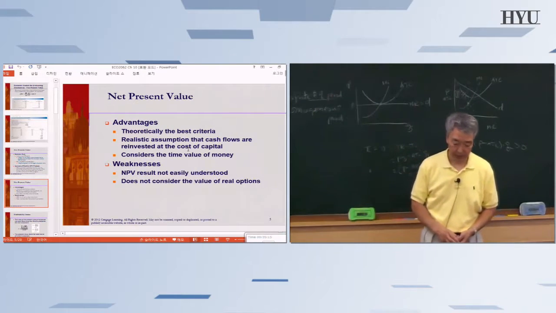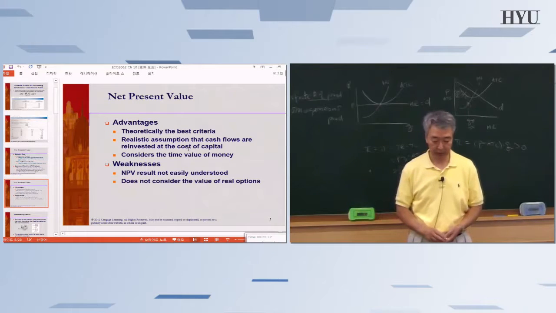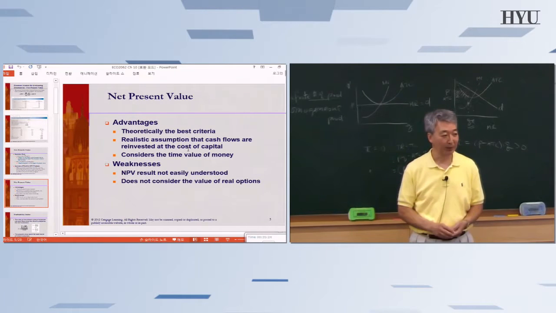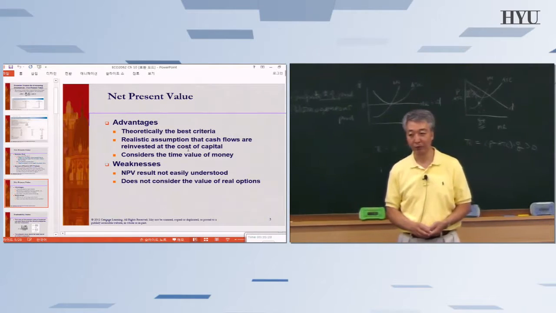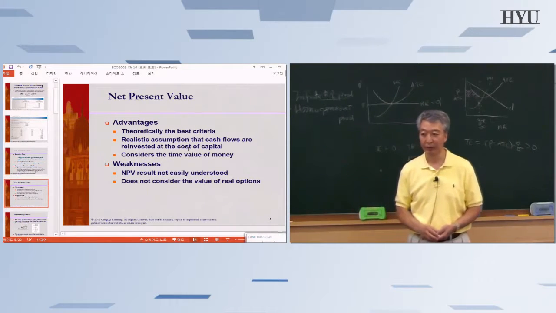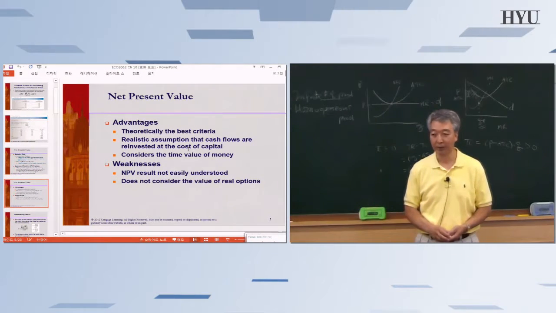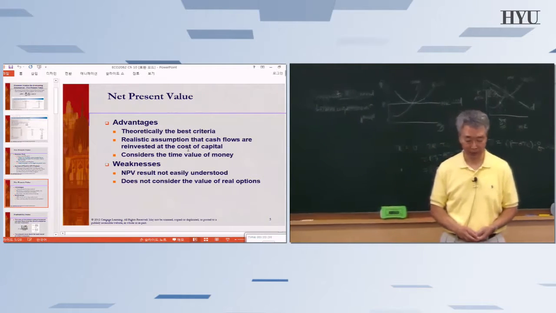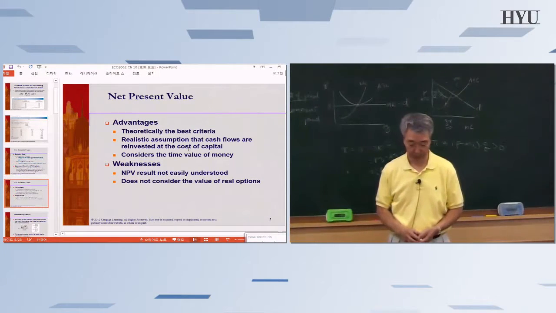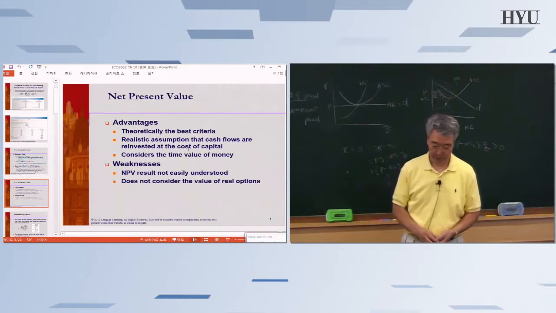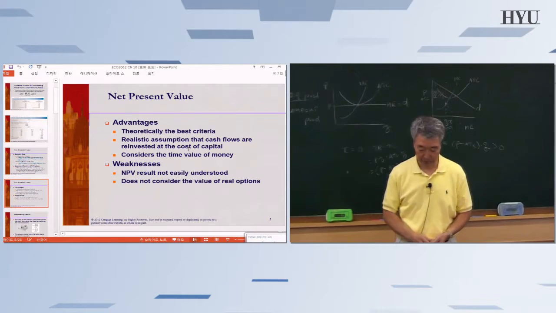Weakness: net present value results are not easily understood. I don't agree with this. I think you all understand the net present value concept, right? Well, at least if you want to be a manager in a company, then you should understand the concept of net present value. Okay? And it does not consider the value of real options.